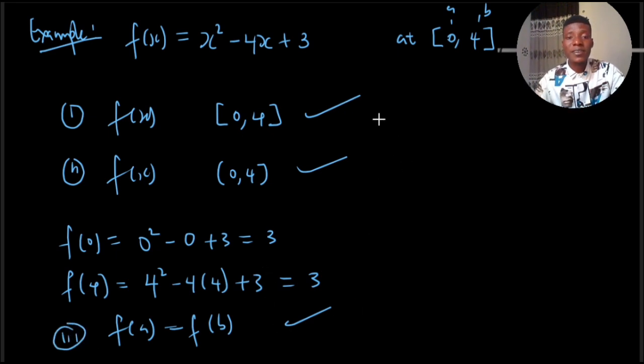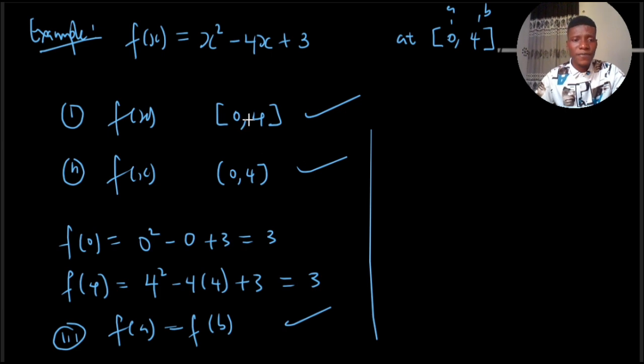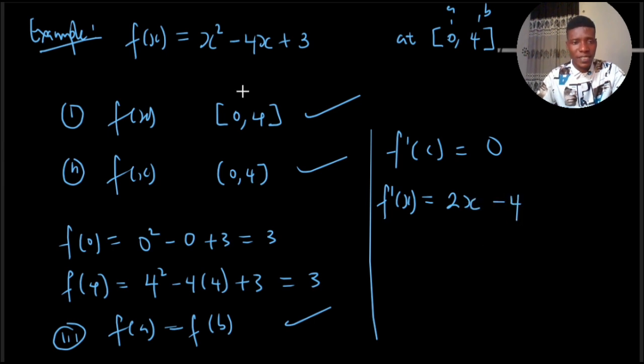So you can now state that since these three conditions are satisfied, there exists a c such that the f prime of that c is equal to 0. Now what is f prime of x? f prime of x is 2x minus 4. That is, if you differentiate the original function, this is what you get.